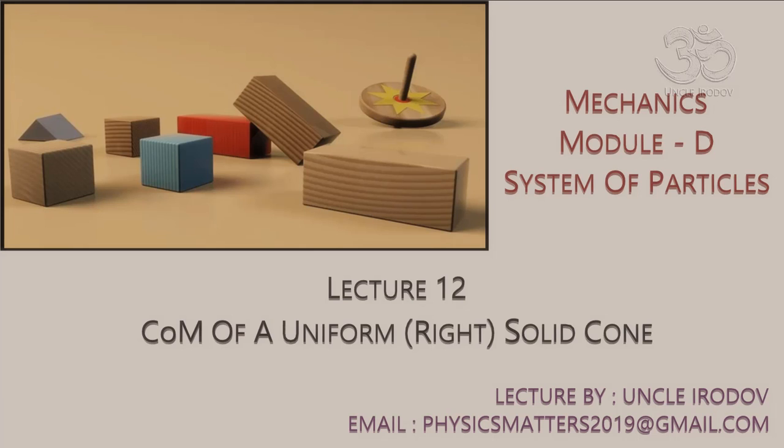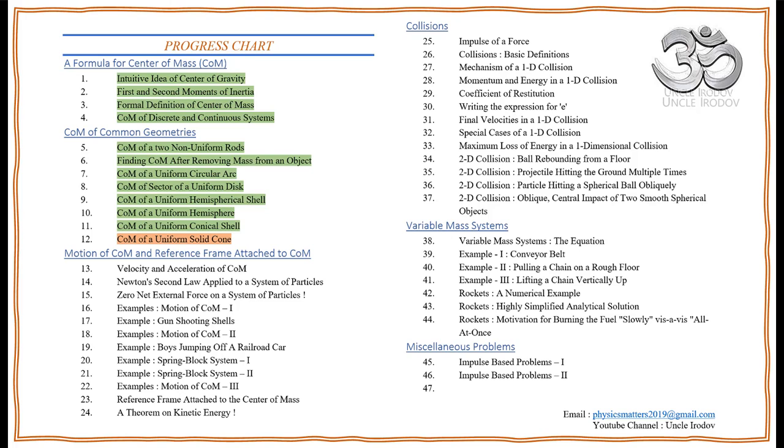Now for a uniform solid cone, what we will do is first assume some general variables like its mass, its base radius and its height, which are the same as what we have done for a conical cap.